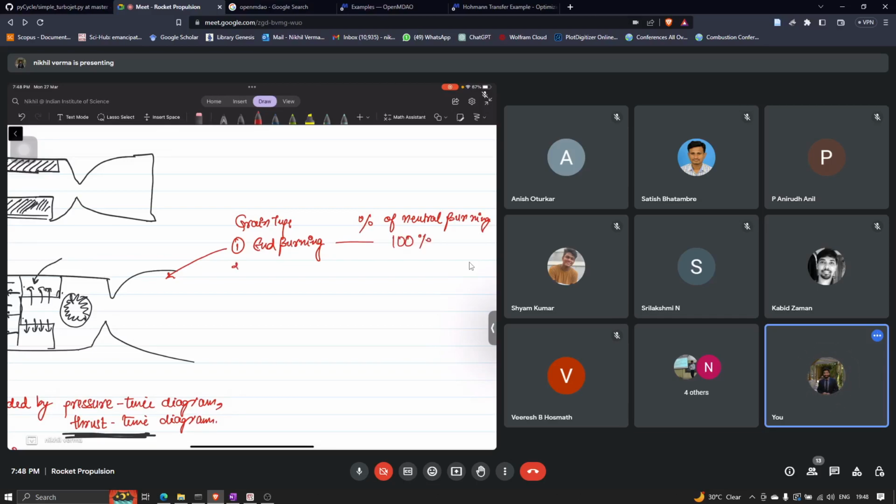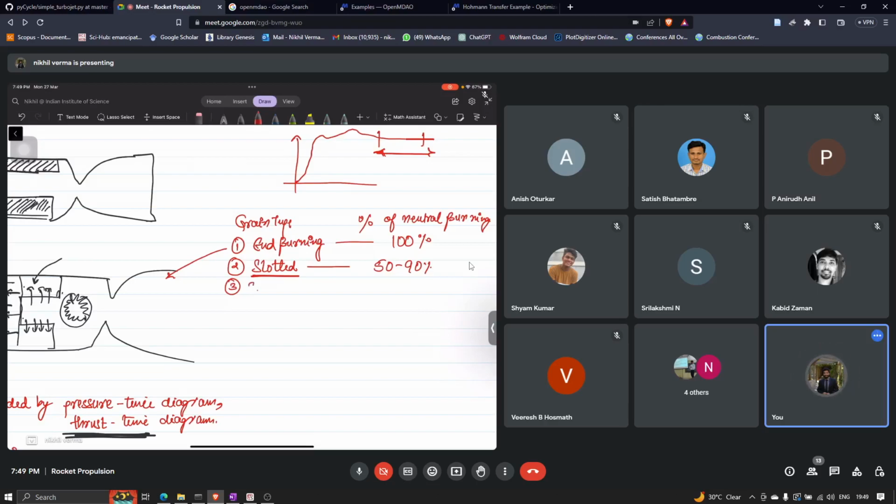Basically, initially the pressure may increase, and after that you can have a constant pressure, which is known as the neutral burning part. With slotted grain geometry, what percentage of neutral burning can you expect? Slotted can give you 50 to 90%.